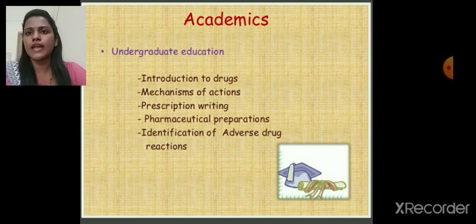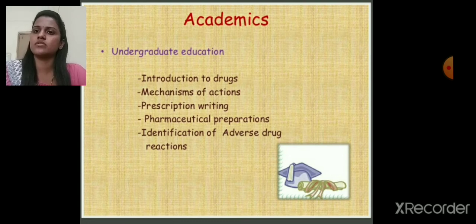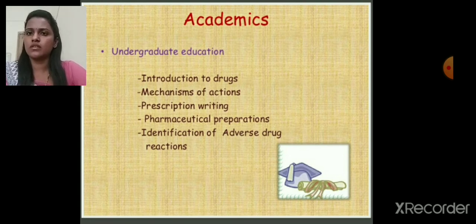In academics, for the undergraduate student, there is education regarding the introduction to the drug. What is the drug, what is its action, and its mechanism of action are taught in academics. Then prescription writing means choosing the drug which should be given and in which combination.